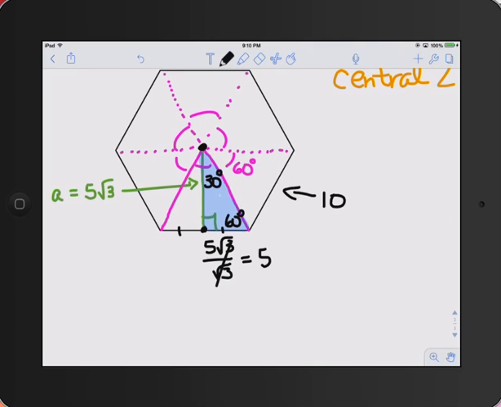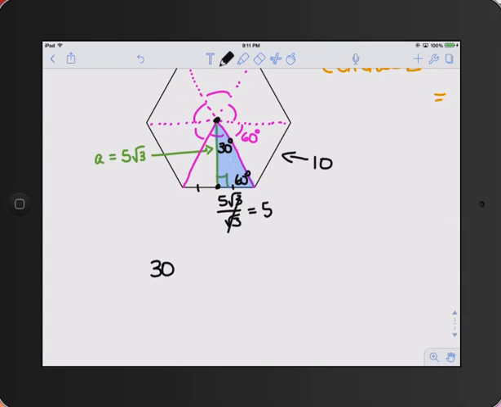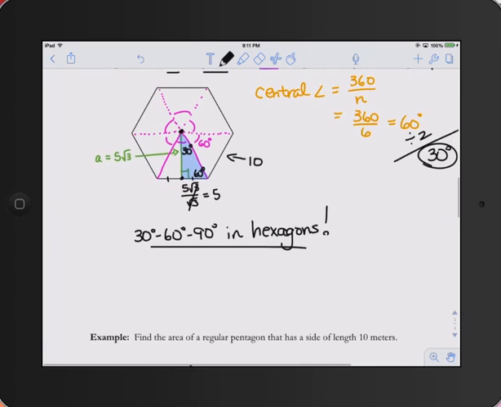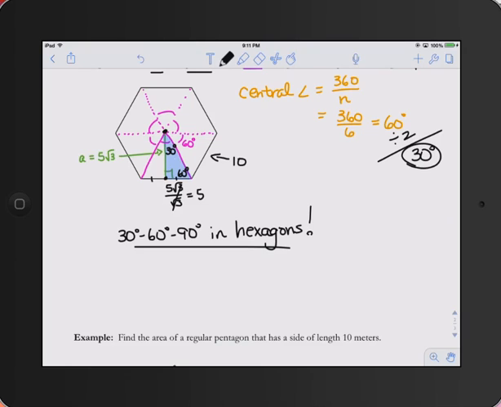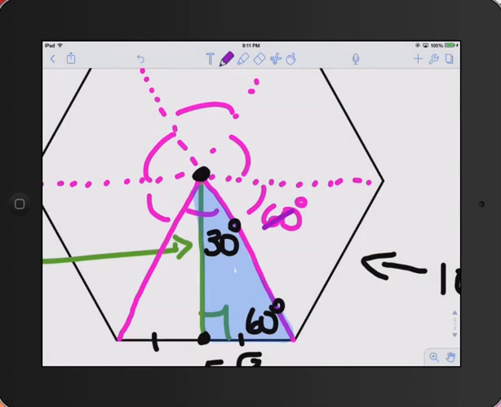Now, what will not always happen is this 30, 60, 90 triangle. Why did we get a 30, 60, 90? We got a 30, 60, 90 because we started out with the hexagon. Is it ever possible to have another polygon with a 30, 60, 90 triangle? Well, only if the central angle measure up here was 120 and that was 60.